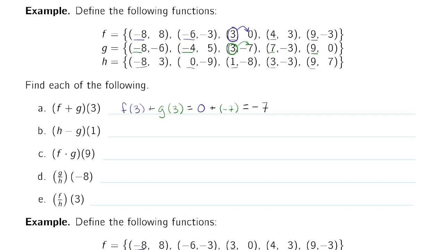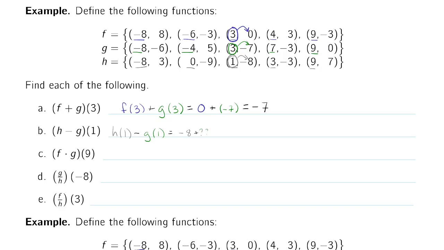What if we want to take h minus g of 1? Well, we'll take h of 1 minus g of 1. To take h of 1, we'll look in the function h. We'll see input 1 gives us output -8. But then when we try to take g of 1, we see that there is no pair in g which has input 1.